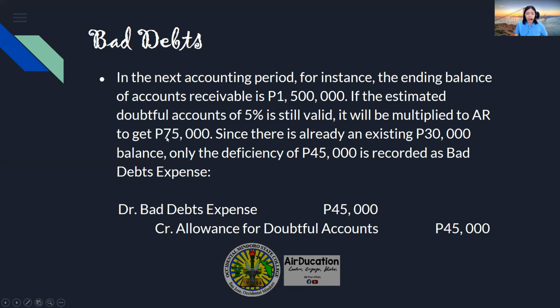Eh, at the end of the next accounting period, 75 yung total niya. So, 75 minus 30, ang deficiency na lang na kailangan mo i-record ay yung natitira na 45,000. Okay? Next.